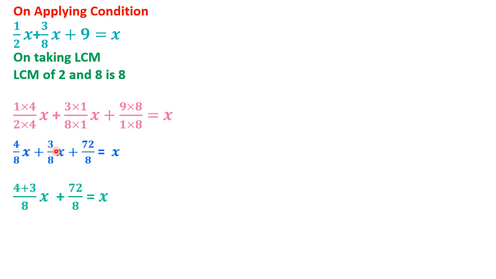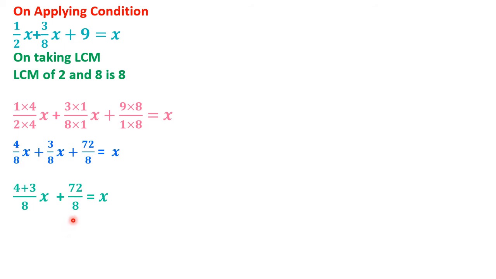Now first you add these two variables. On adding the numerator 4 plus 3, you will get 7. And what about the denominator? As the 8 is common in denominator, it will be taken as a single one. And the numerators will be added. Don't add 72 upon 8. Be very careful. You don't have to add 72 upon 8.